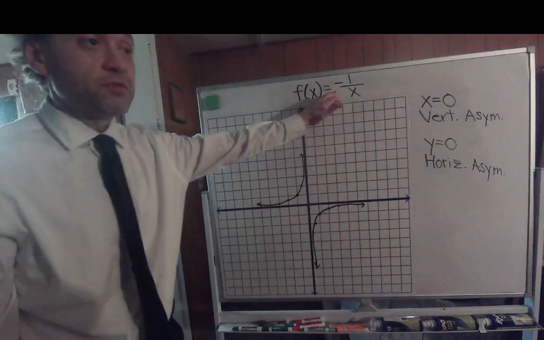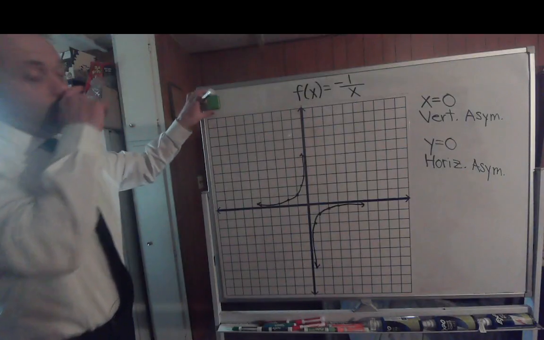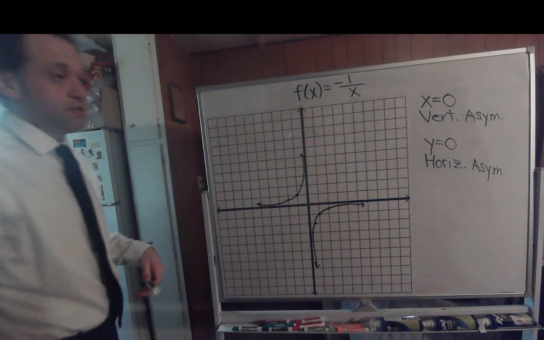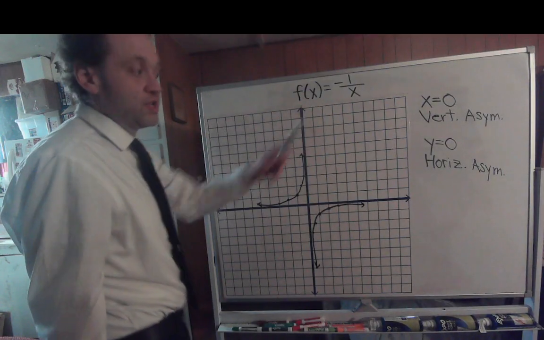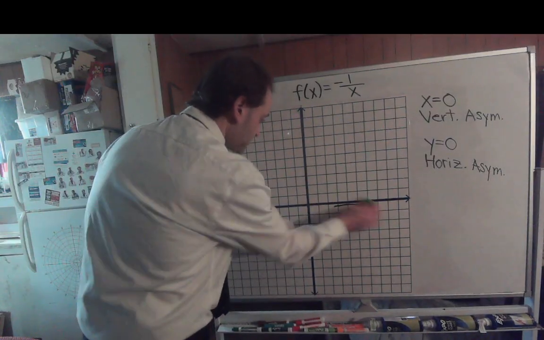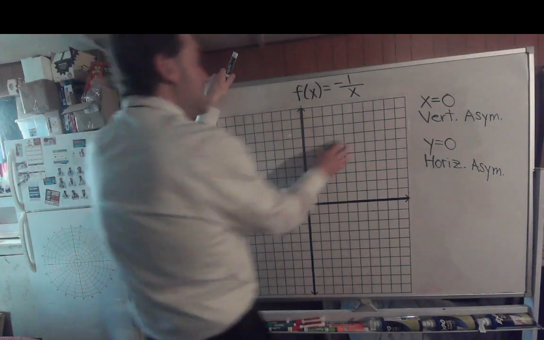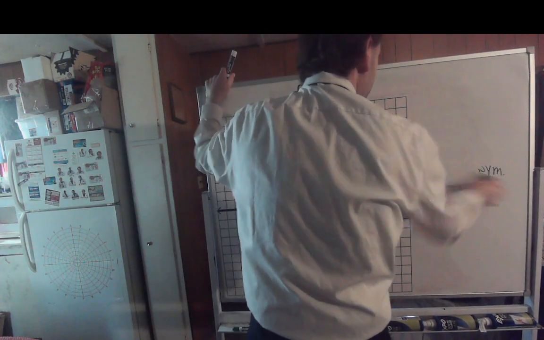So really this is a reflection in both the x and y-axis when you have a negative constant on a rational function, when you have a constant in the numerator and a linear x expression in the denominator. Okay. So there is that. Now, let's do some other functions here that are rational.